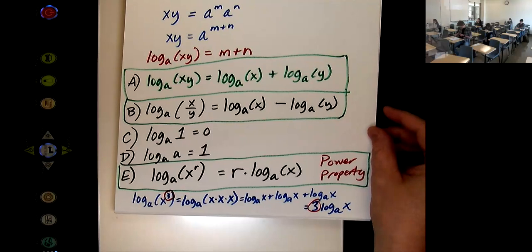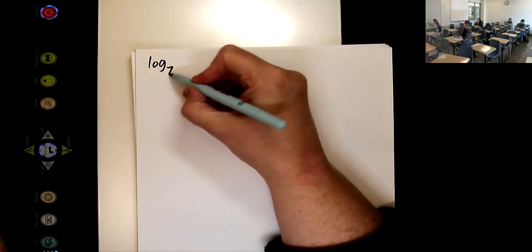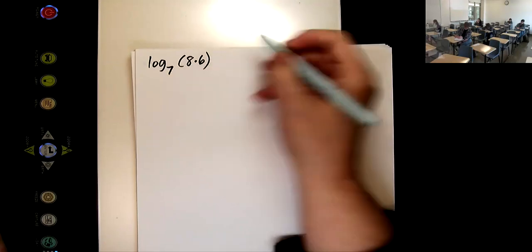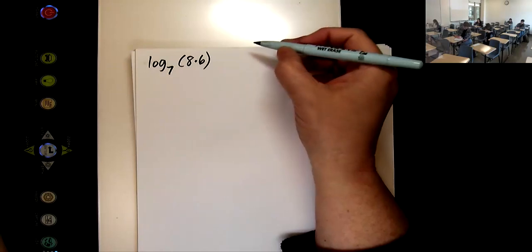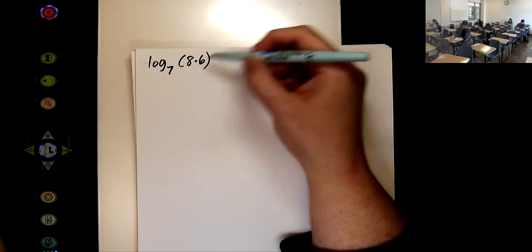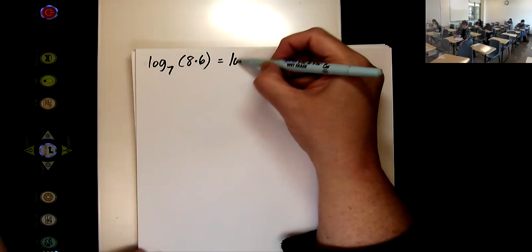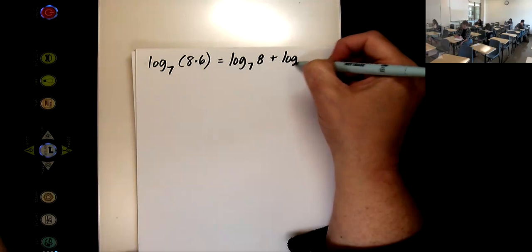You guys ready to do some examples? Here we're just practicing manipulating them. If I have log base 7 of 8 times 6, it's multiplication, so I could split it up. You do log base 7 of 8 plus log base 7 of 6.